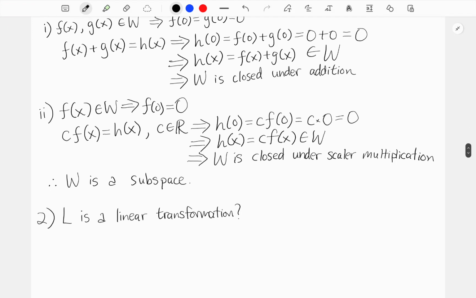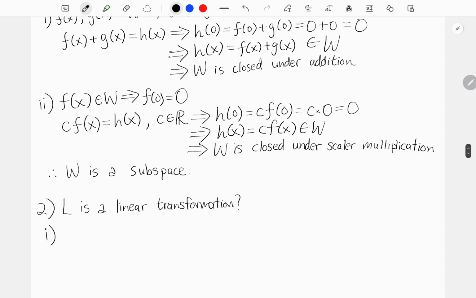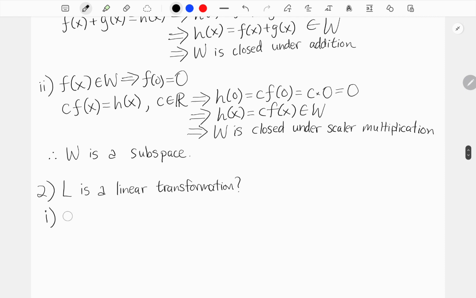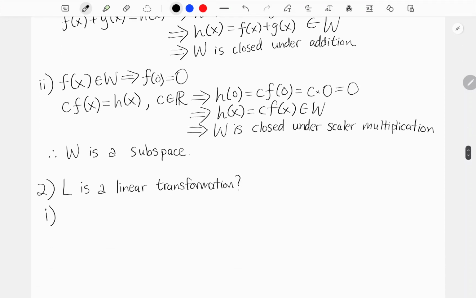So what that means is, given, let's say, f of x and g of x in W, is it true that L of f of x plus g of x is the same thing as L of f of x plus L of g of x? Okay, so let's just do this.